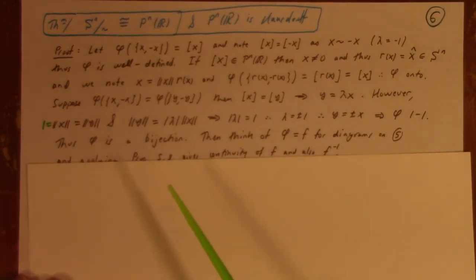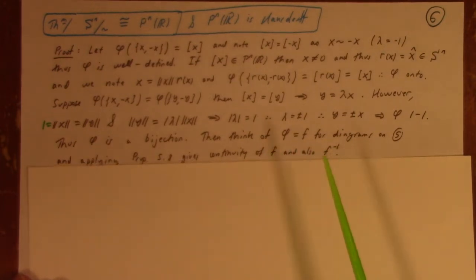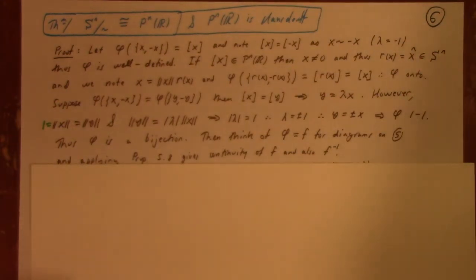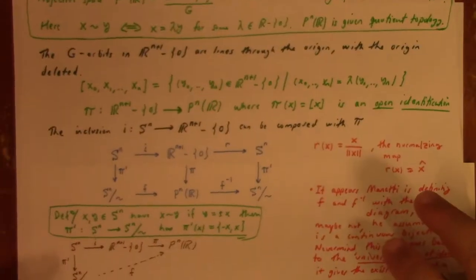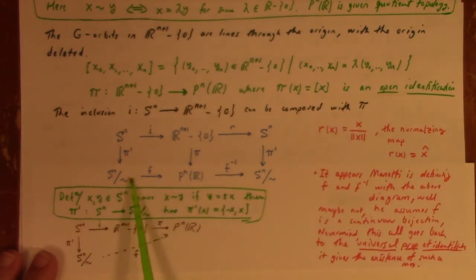And then to argue that that bijection is both continuous with continuous inverse, I think we could fall back on the diagram back over here and come to terms with where f is, and I can get continuity of f by noticing that it has the necessary relations with other continuous maps that are at play here.